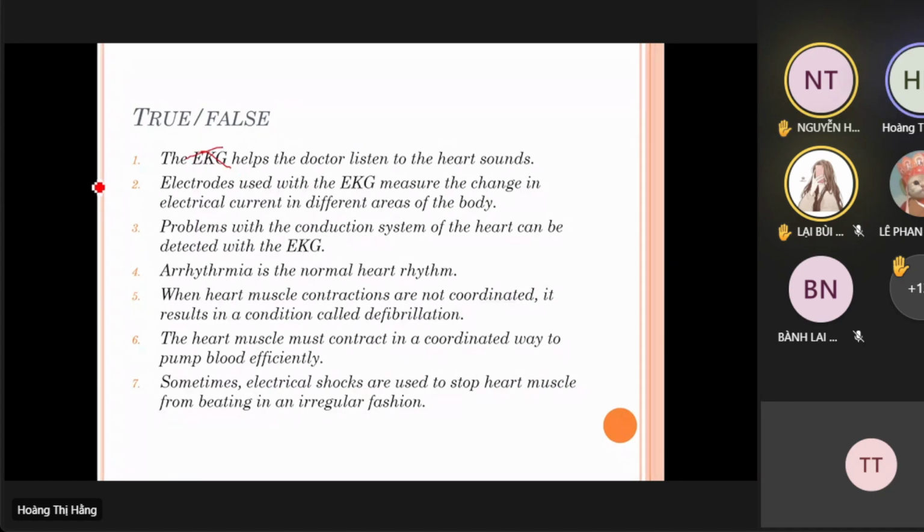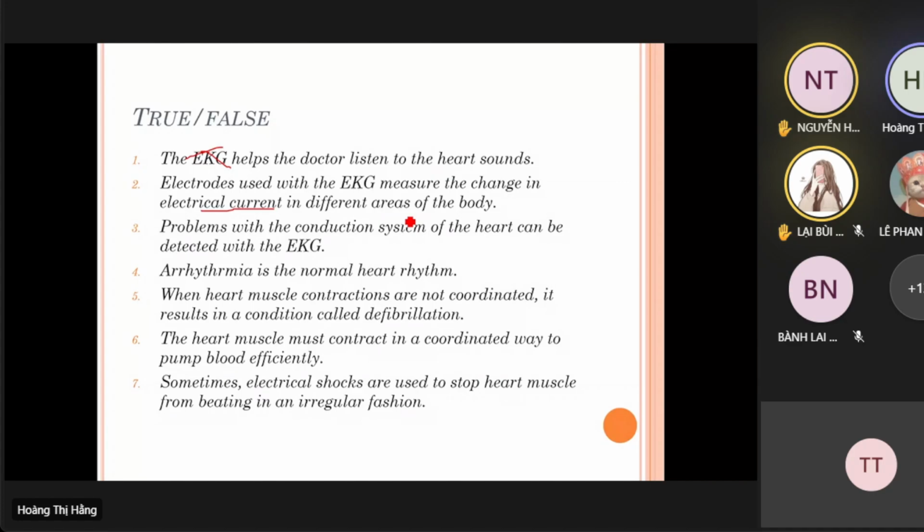Okay. Number 2. It's true, right? Electrodes used with EKG measure change in electrical current in different areas of the body, in the legs, in your chest, right? And in your wrists. Ở dưới chân này, ở hai cái cổ tay này và trên ngực, đúng không?